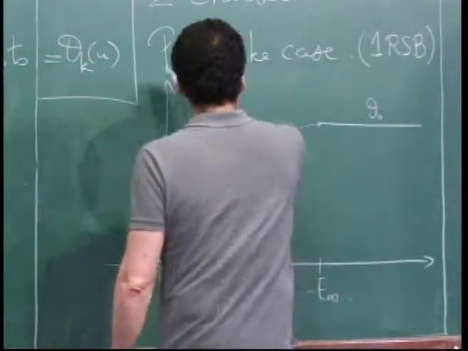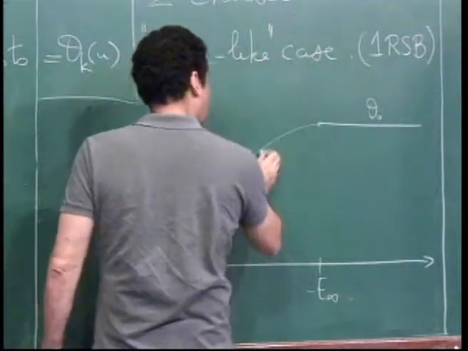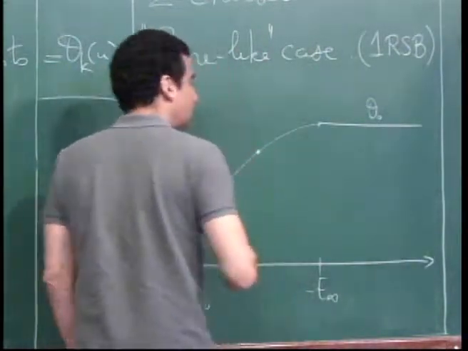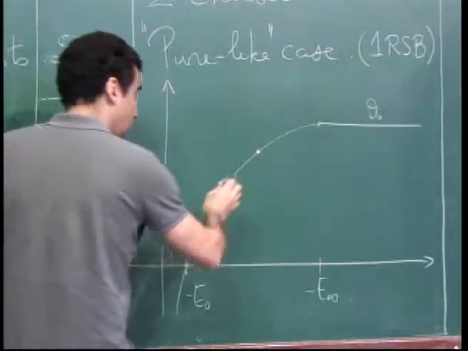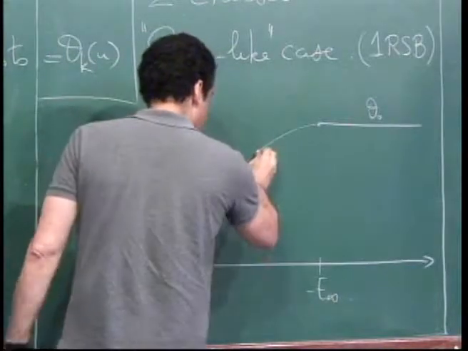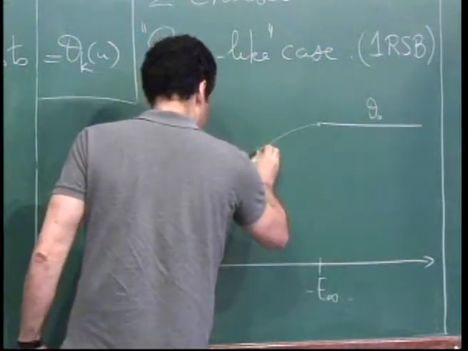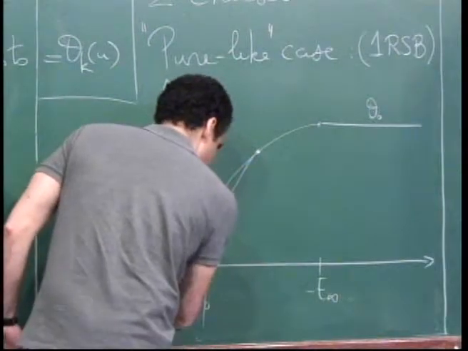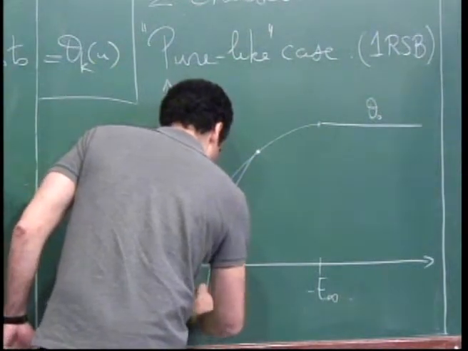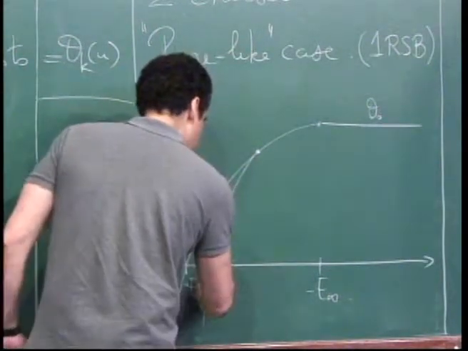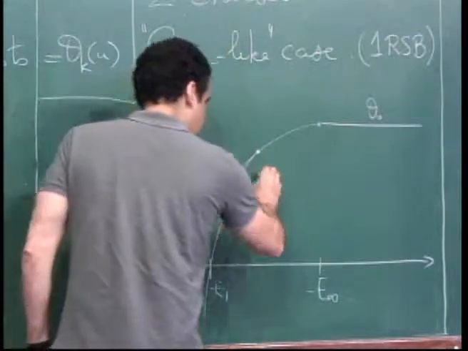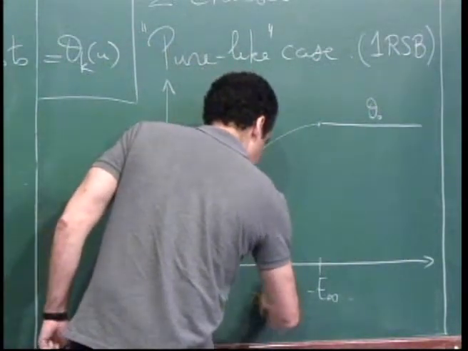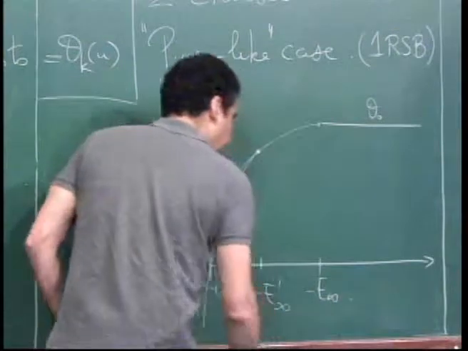But now there is a little difference between the pure-like and the pure case. If I try to draw theta 1 now, you have this kind of fan structure, but it starts here instead of starting there. So you have here again the threshold negative E1. But this thing here is not the same as that.